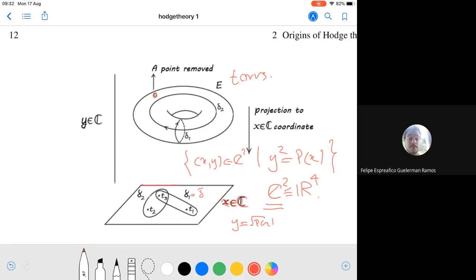As I said, we will actually prove that this E is a torus minus 1 point, and from this torus we have a projection to the X plane.